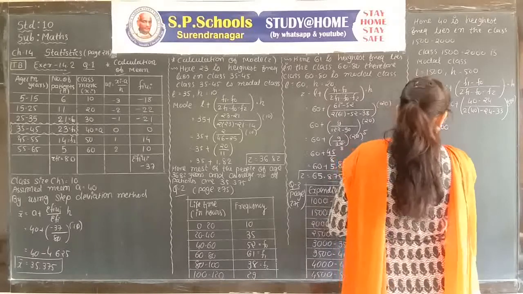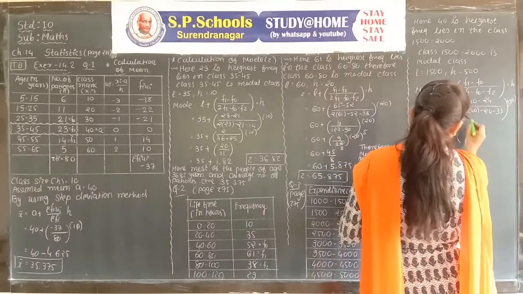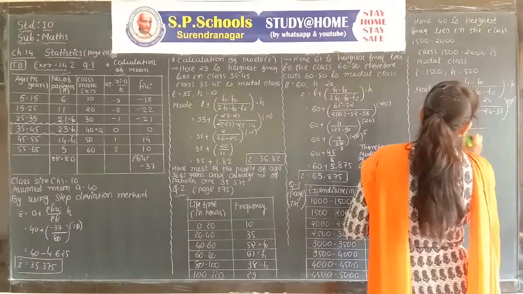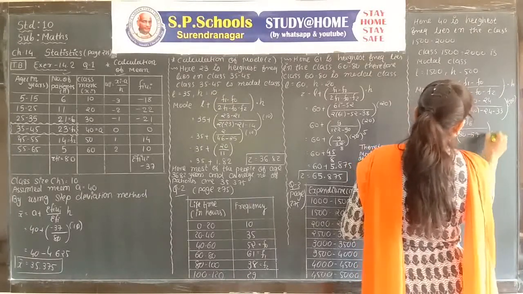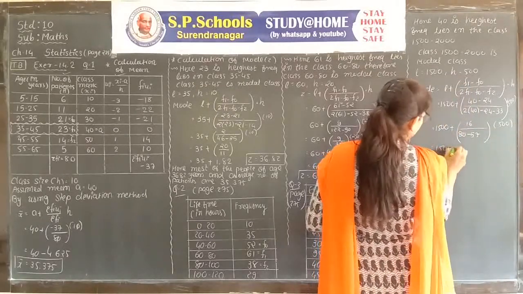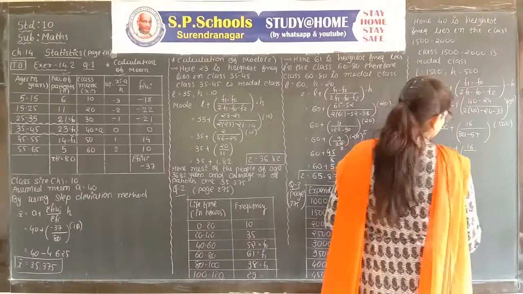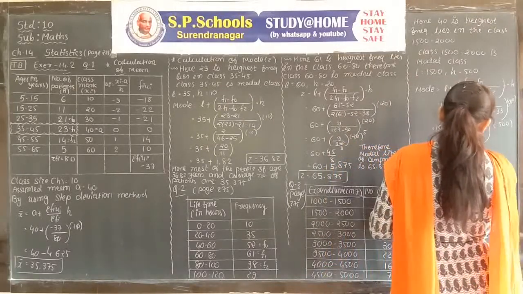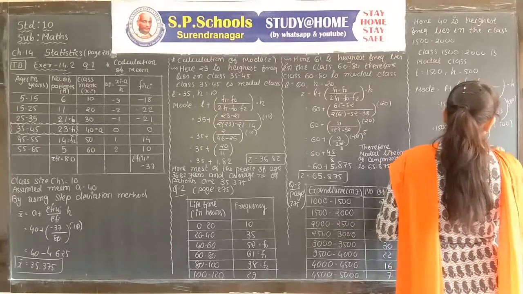1500 as it is, plus 40 minus 24, which is 16, upon 80 minus 57, into 500. 1500 plus 16 upon 23 into 500.